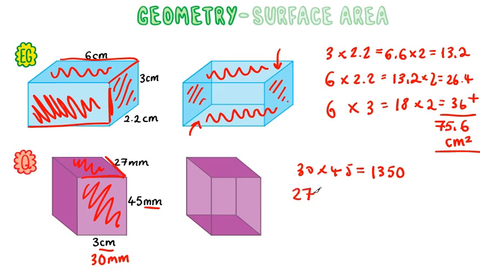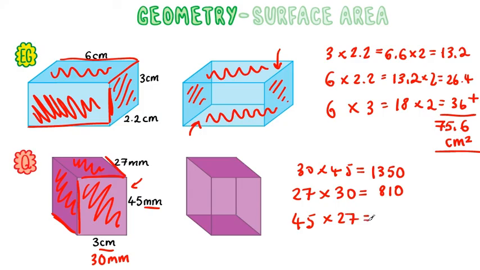So 27 times 30 gives us 810. And then our last 2 sides, this side and this hiding side over here. The long side is our 45 and this side here is our 27.